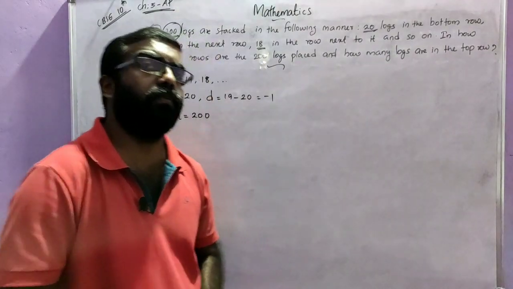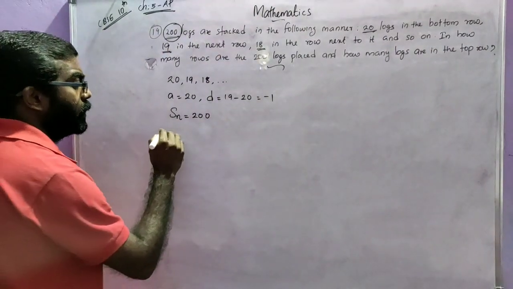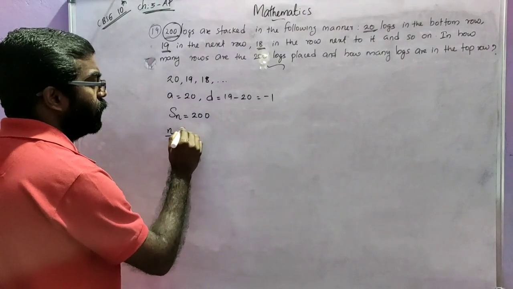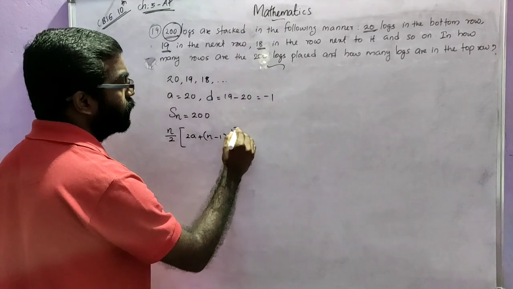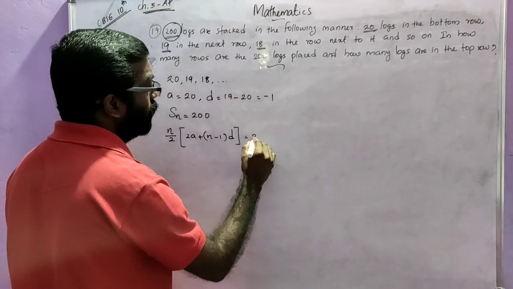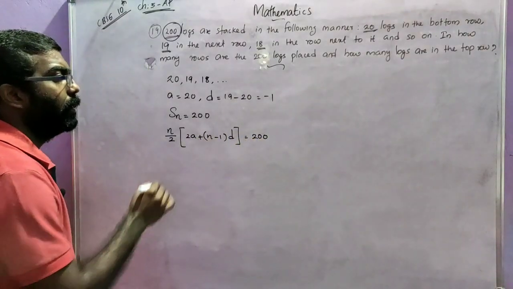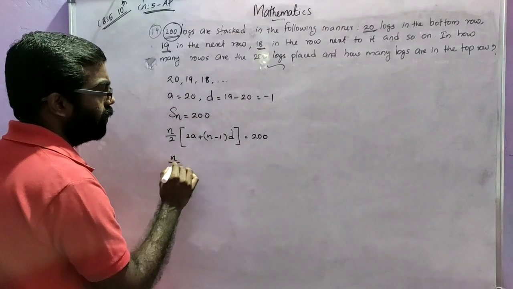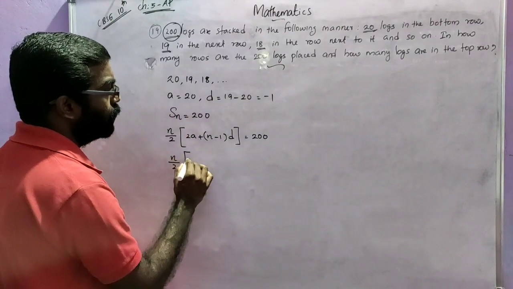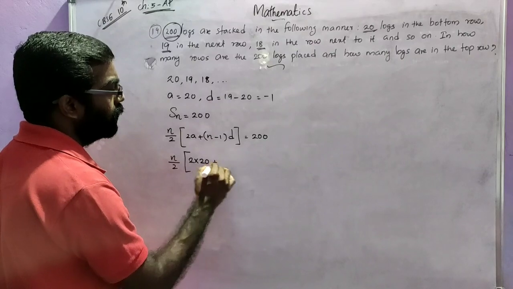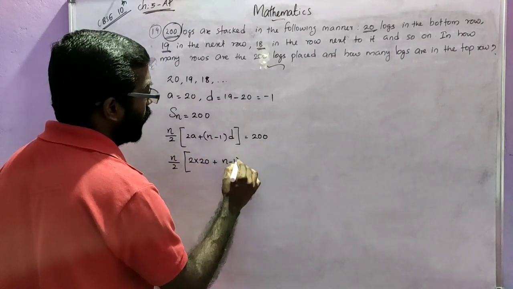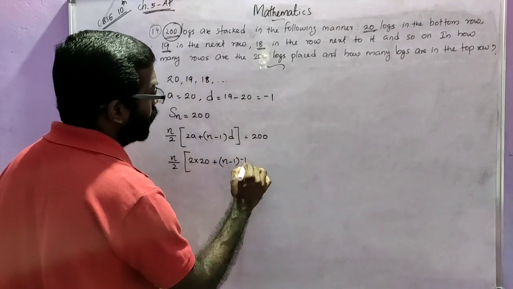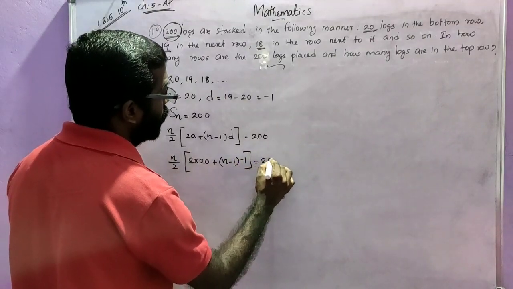We know the formula to find the sum of an AP. Sn is n by 2 into 2a plus n minus 1 into d. It will be equal to 200. Now we can replace the known values, that is n by 2 into 2 into 20, then plus n minus 1, n we have to find out, so n minus 1 into d, d is minus 1, which is equal to 200.